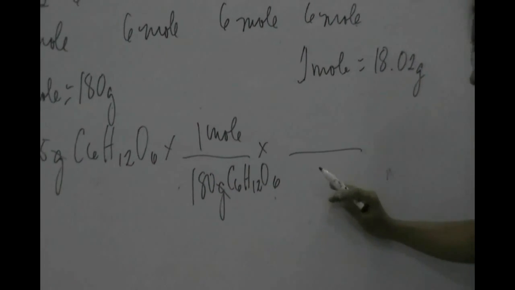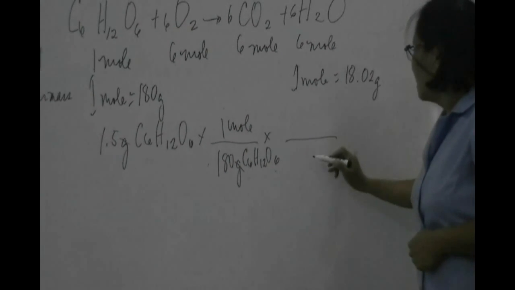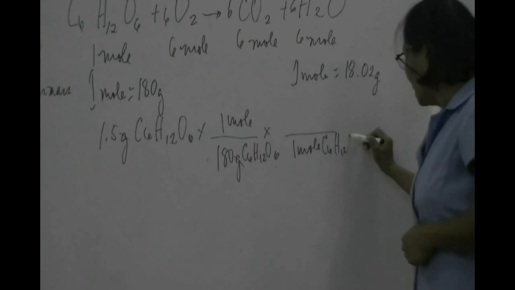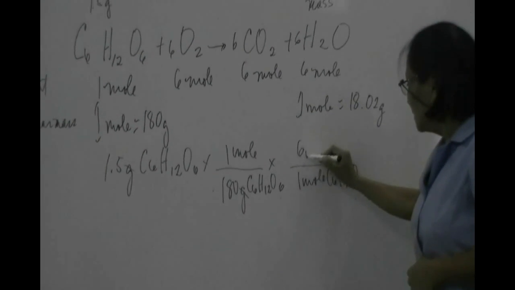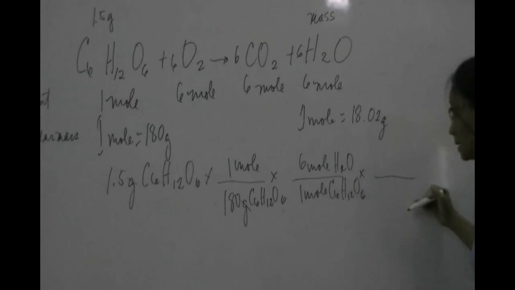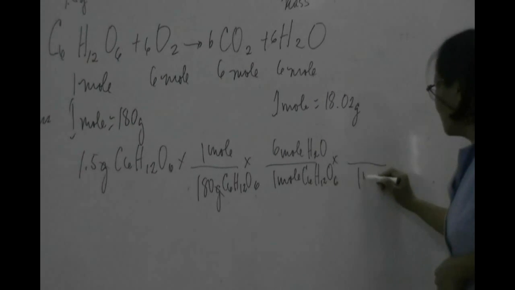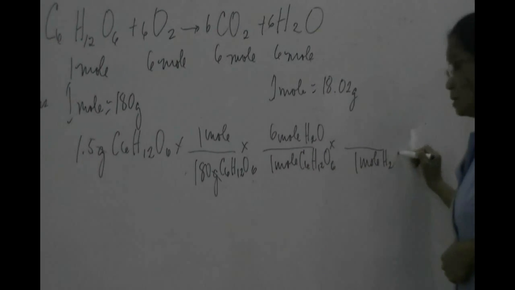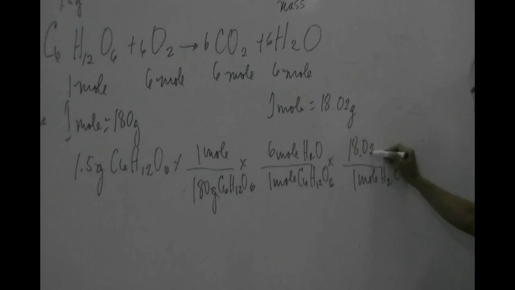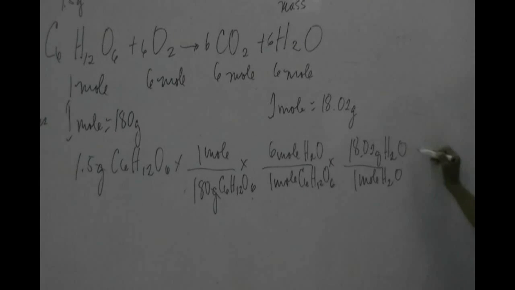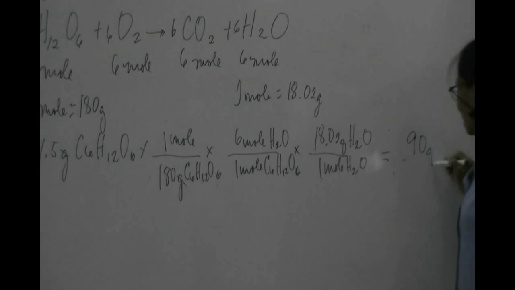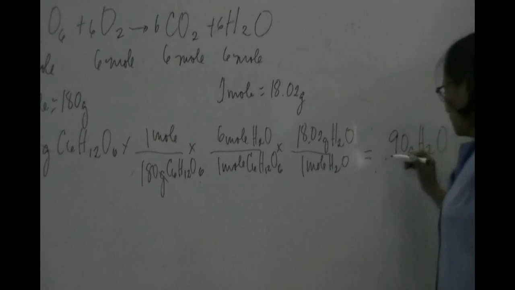For the balanced equation, we have 1 mole of glucose, C6H12O6, to 6 moles of water. The last part of the equation will be per mole of water, which is equivalent to the molar weight of water, 18.02 grams of water. Our final answer will be 0.90 gram of water.